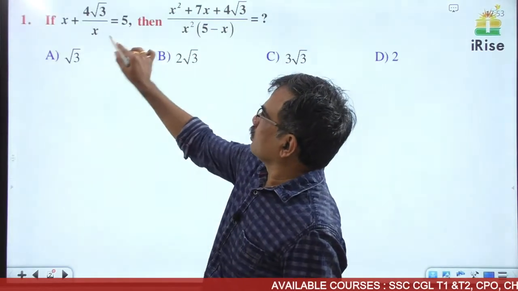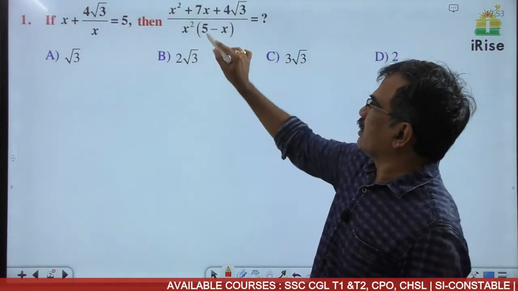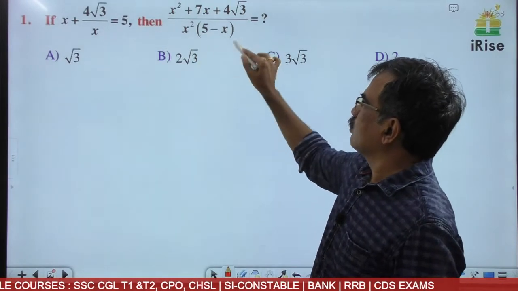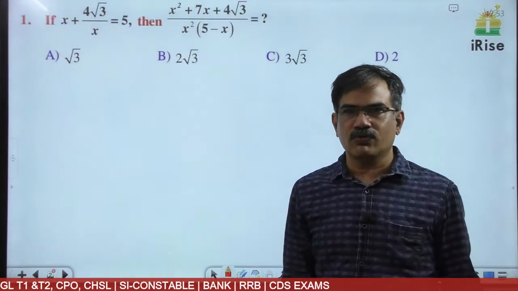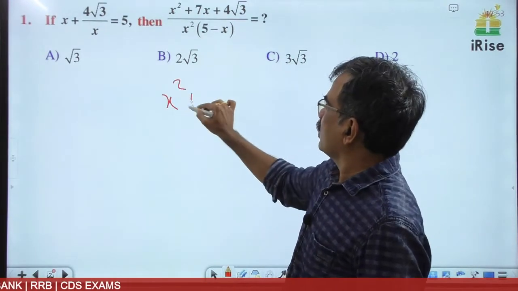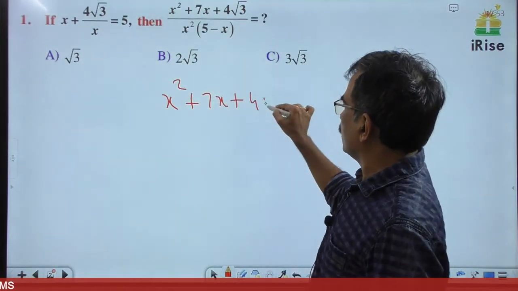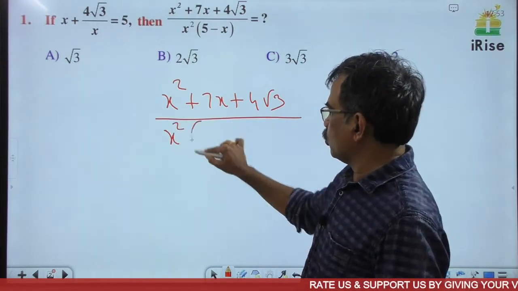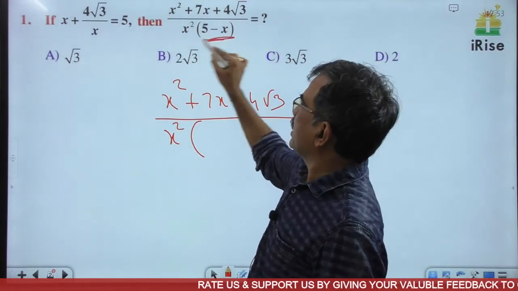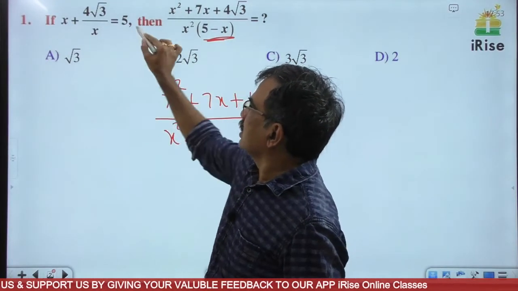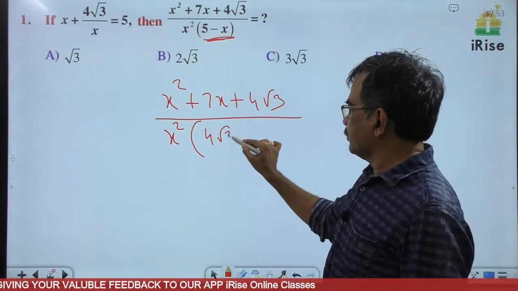If x plus 4 root 3 by x is equal to 5, then what is (x square plus 7x plus 4 root 3 by x) divided by (x square into (5 minus x))? Here the numerator is x square plus 7x plus 4 root 3 by x. In the place of 5 minus x, transfer x to the right side; this is nothing but 4 root 3 by x.